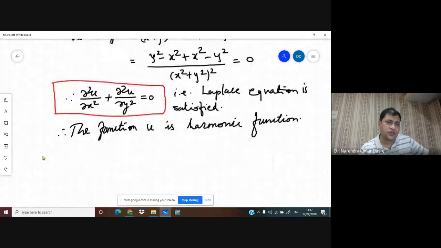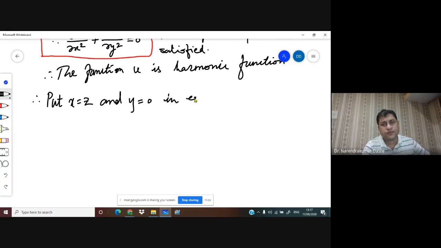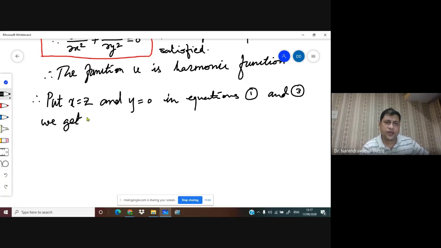In the third step, we put x equal to z and y equal to 0 in equations 1 and 2. After that, we have to find out what is φ1(z, 0) and φ2(z, 0).